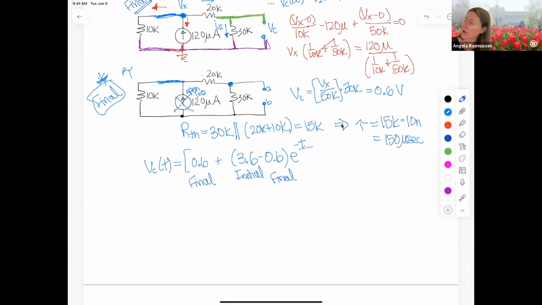So minus t over 150 micro. And this is in volts. So that is my equation.